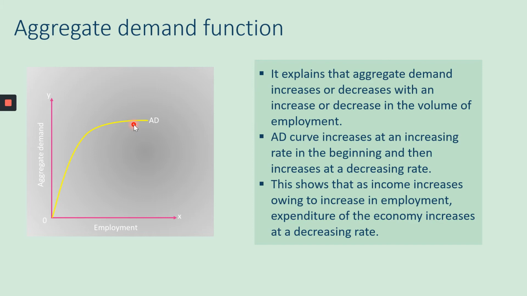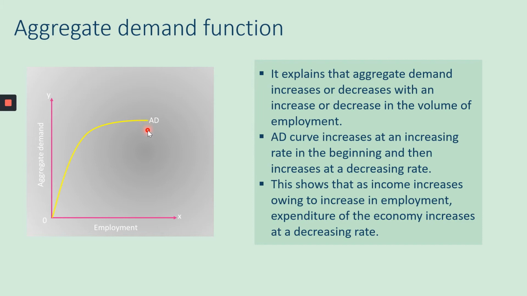Now it is increasing, but the increasing rate is slower. The rate of increase is at a decreasing rate. It is not as fast as it was in the beginning. In the beginning, the increase is at an increasing rate. Here it is increasing, but the rate of increase is at a decreasing rate.